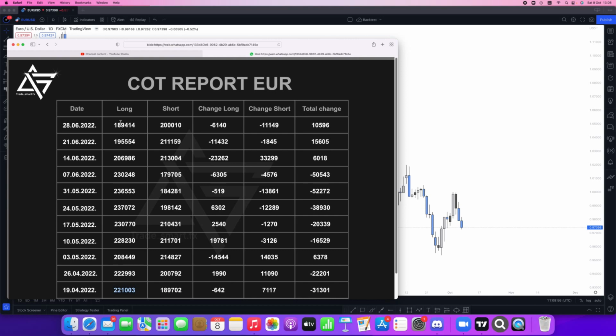So it's going lower and lower. They're closing their long positions. Especially here, they had 23K from this date, and then from this date they massively start to close their long positions.